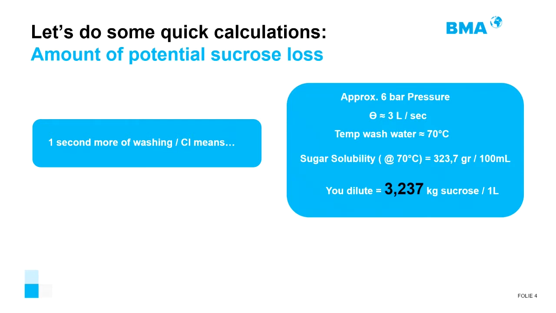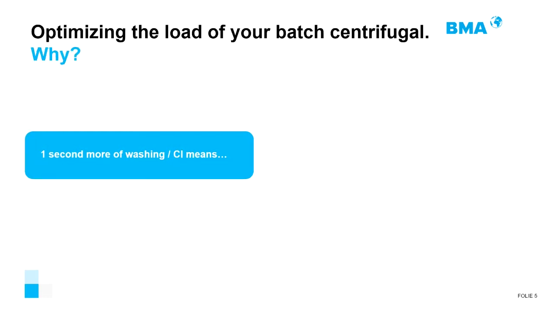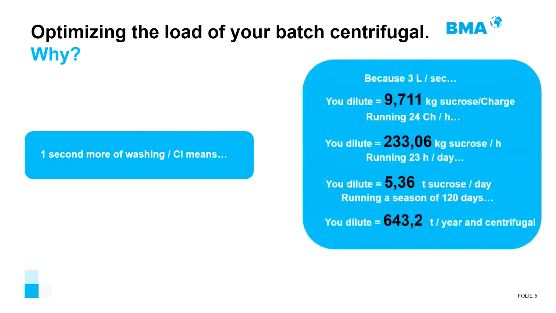In other words, we are diluting 3.2 kilograms of ready to discharge sugar when we add 1 liter at 70 degrees. But as I told you, we have a flow rate of 3 liters per second.